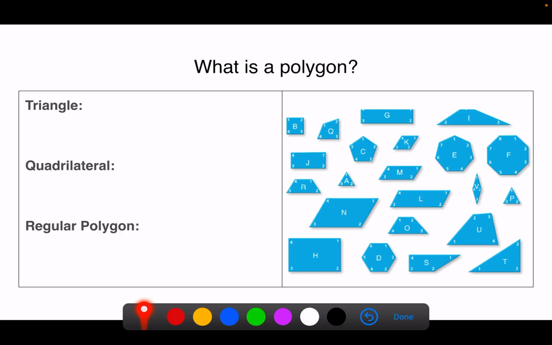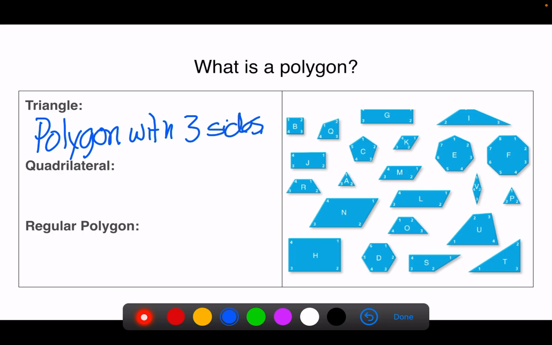Okay. Now, while you got that bag of shapes, what we're going to do is first define these next three words. So now you're going to have 3 more entries into your notes. Here's what you're going to write down. I'm going to use all of the same color for all of these. Blue. Triangle. Guess what a triangle is? It's a polygon. So we say polygon with 3 sides.